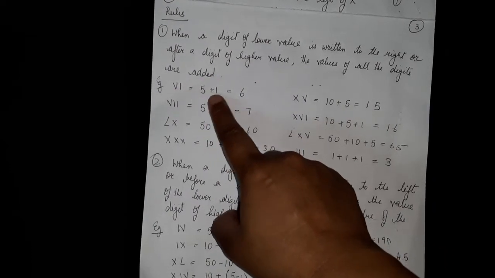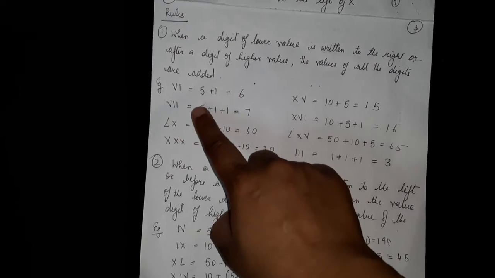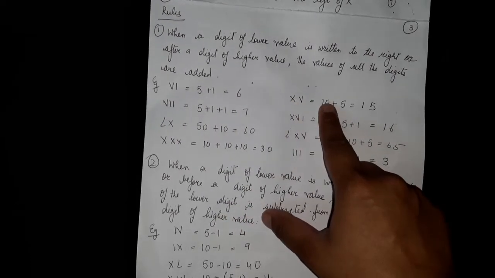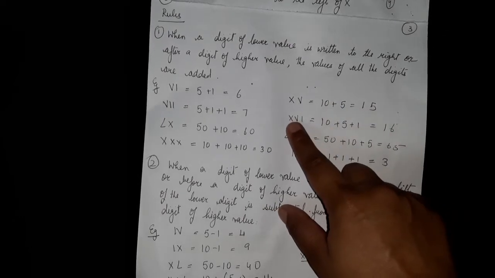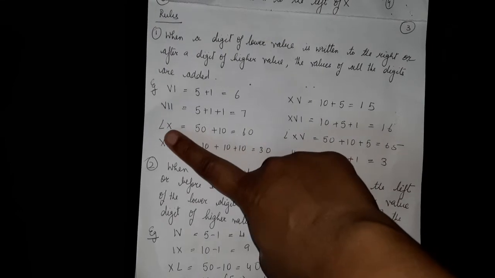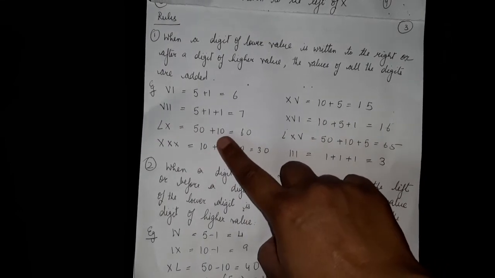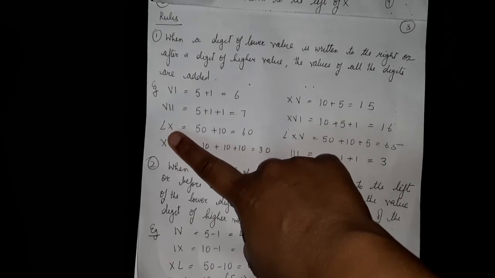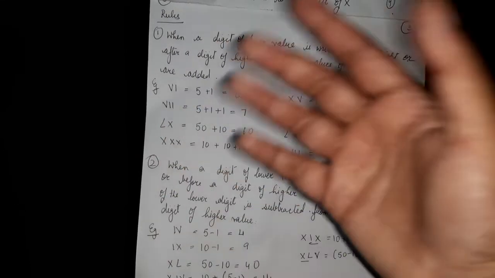So it is 5 plus 1, 6. VII, 5 plus 1 plus 1, 7. XV, 10 plus 5, 15. XVI, 10 plus 5 plus 1, 16. LX, 50 plus 10, which is equal to 60. L is a higher value, X is a lower value, and the lower value is on the right.